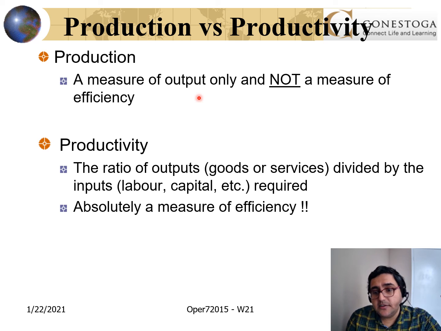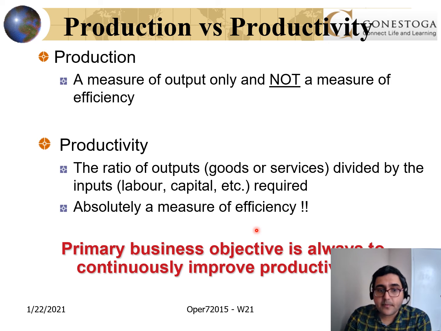I cannot just say that 100 mobile phones are made. I should say 100 mobile phones are made per hour, or per day, or whatever. So this is very important. Production is not dealing with efficiency, whereas productivity is always dealing with efficiency. So it's a measure of efficiency.